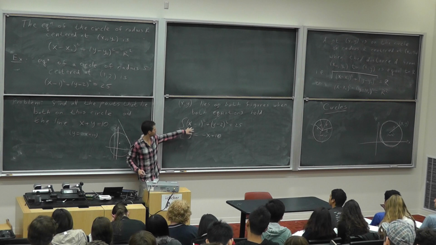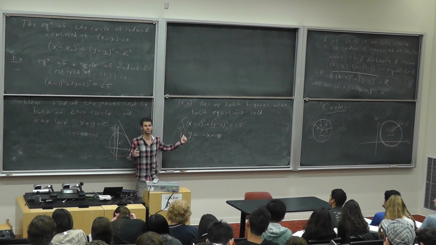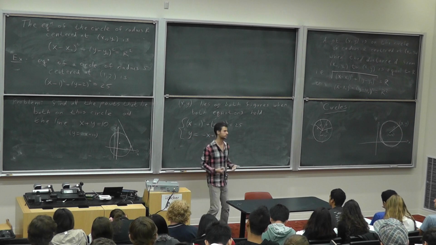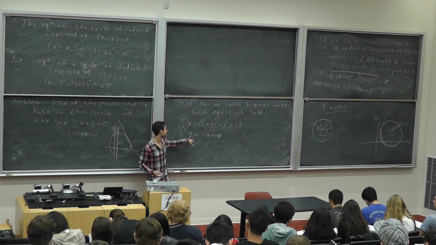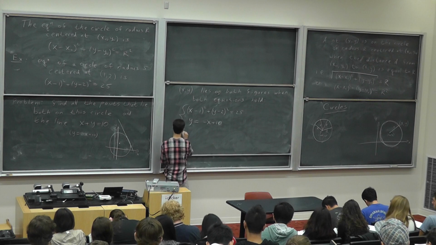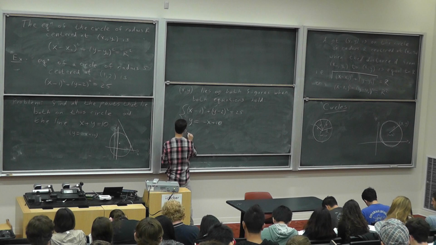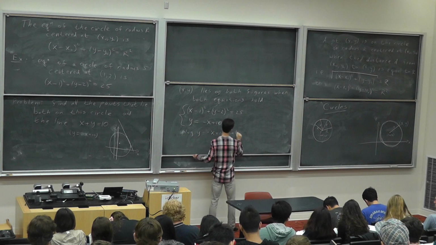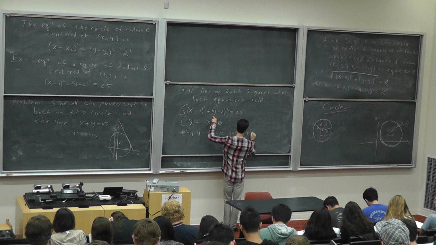But this question is simple enough. Right here, I have two equations about two unknowns, x and y, but I can simplify them quite easily. I have an expression for y in terms of x, so plug y equal to minus x plus 10 into the first equation.